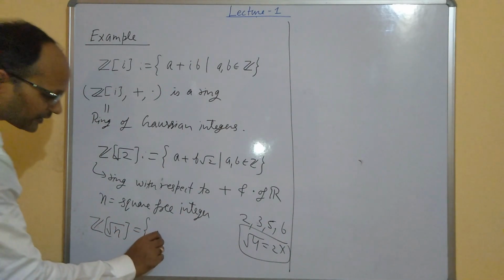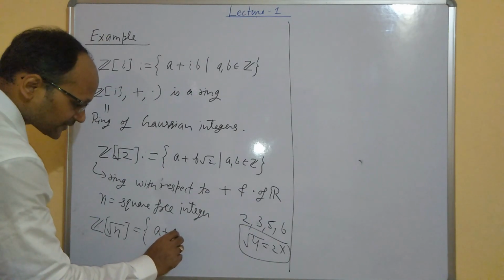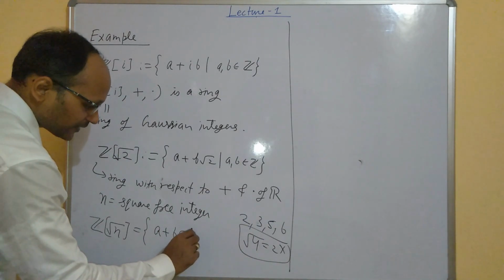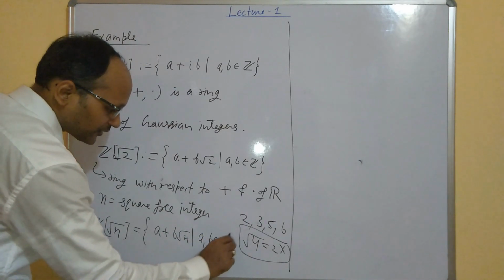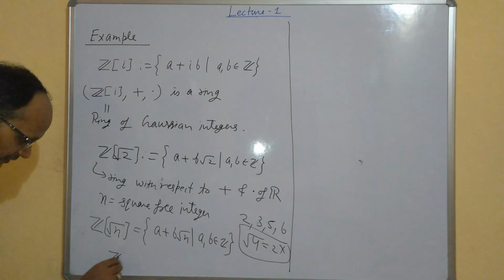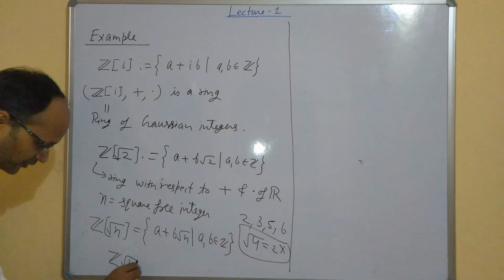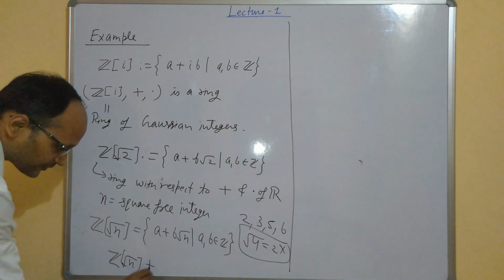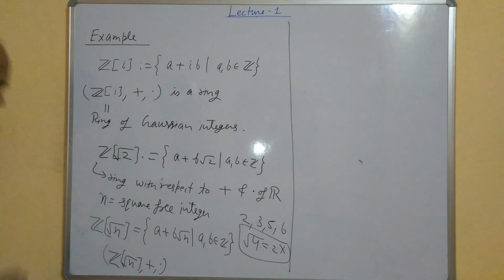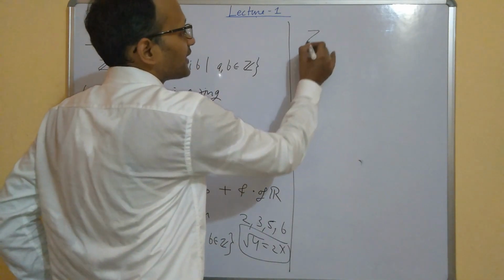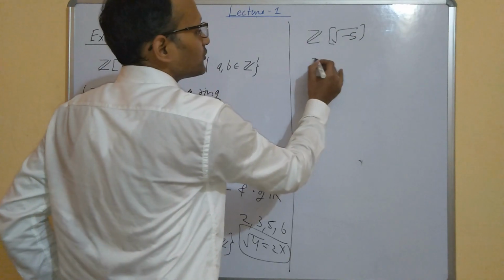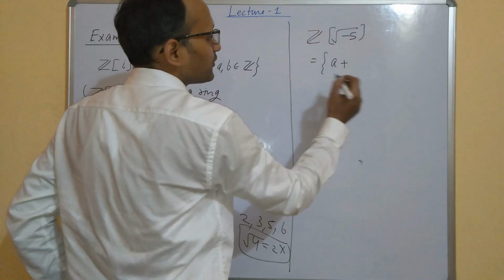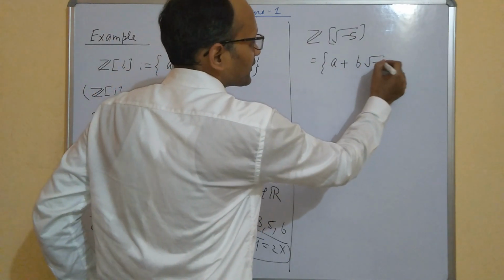This is the set of elements of the form a plus b root n such that a, b belongs to Z. This is again a ring with respect to addition and multiplication of real numbers. Similarly, we can make several rings like Z[root minus 5]. This is the set of elements of the form a plus b root minus 5.